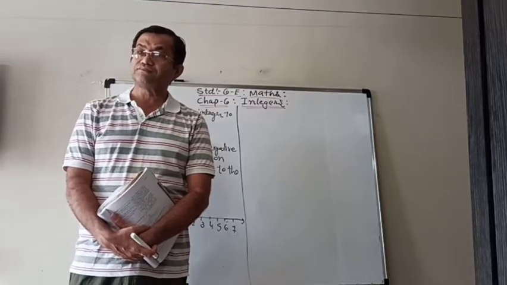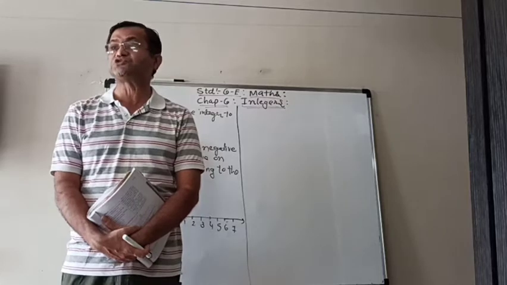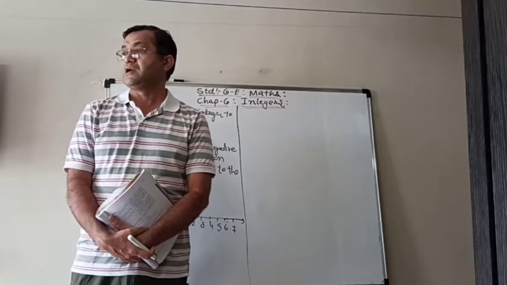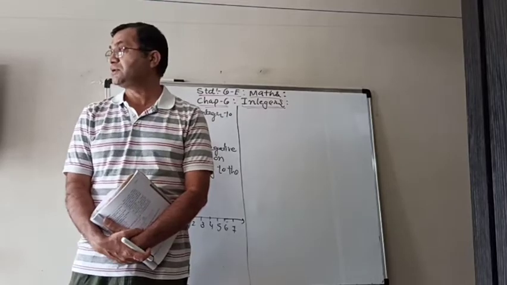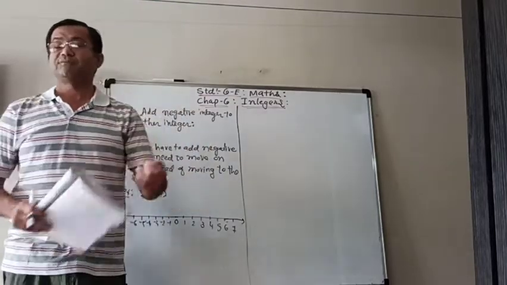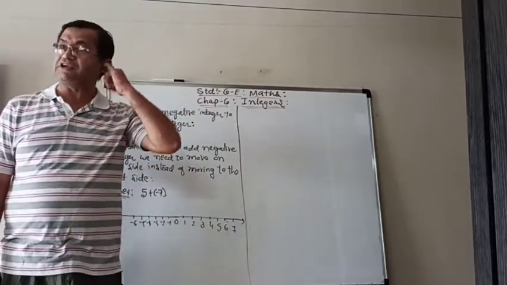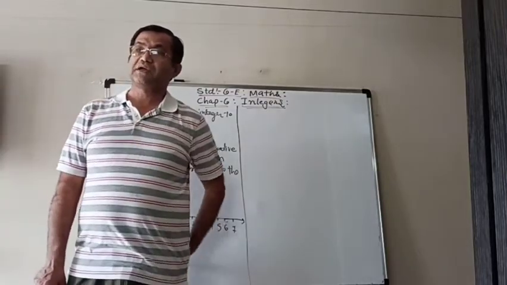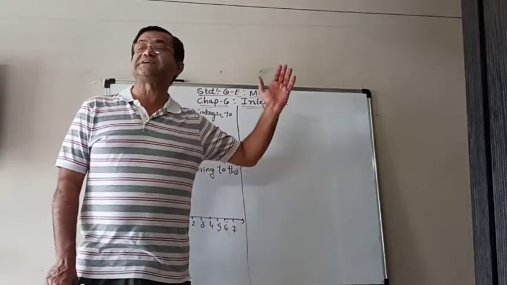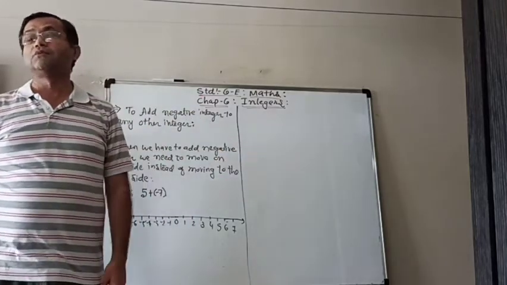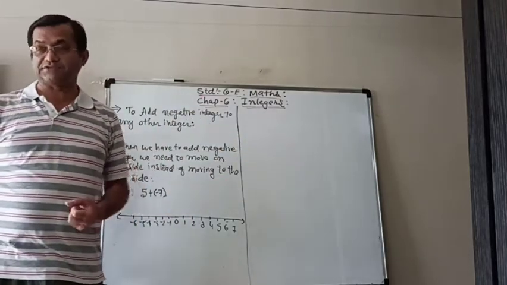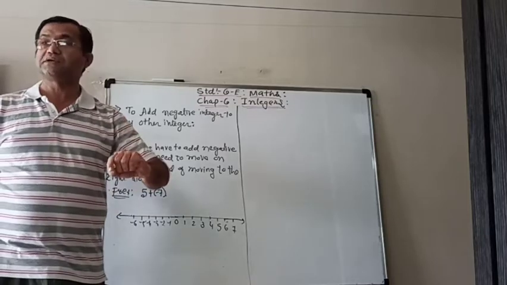But when there are negative integers to add, we have to do the opposite. It means that when we add a negative integer to any integer, in place of moving towards the right, we need to move towards the left, as we do in subtraction.